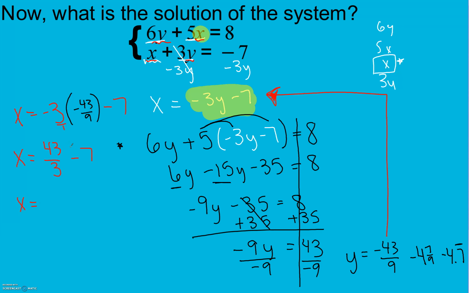We get 43 over 3 minus 7. 7 I can rewrite here as 21 over 3. So I can take 43 minus 21 and get 22 over 3. We can also write that as 7 1/3 or 7.3 repeating. So in my final answer, I'm going to have 22 over 3 and -43 over 9.